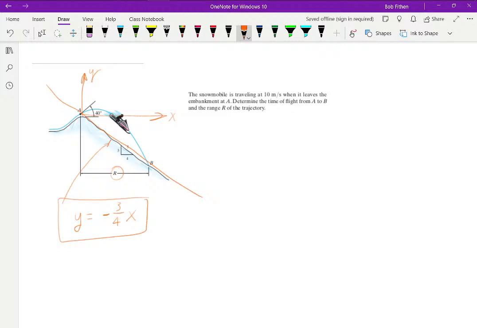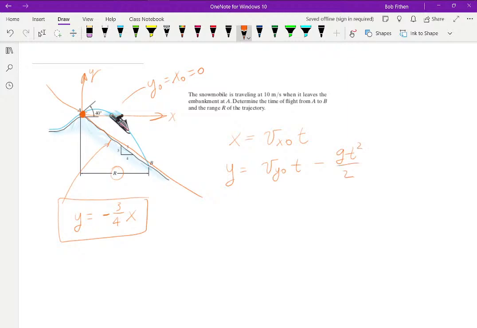Now, the equation up here, Vx naught t, because y naught is equal to x naught is equal to 0, because I put my origin right there at the point where time is equal to 0. Y is equal to Vy naught t minus g t squared over 2.